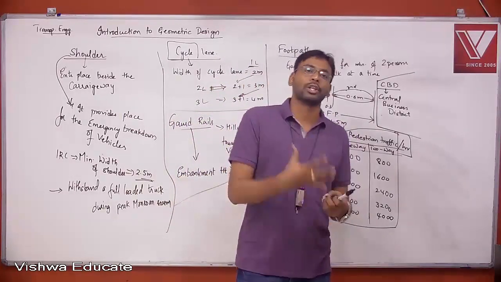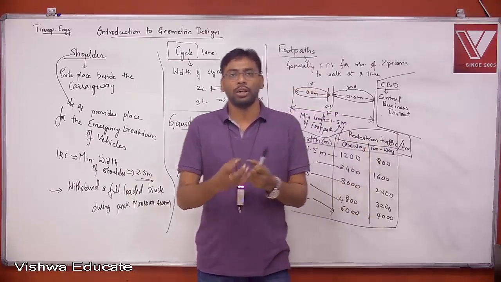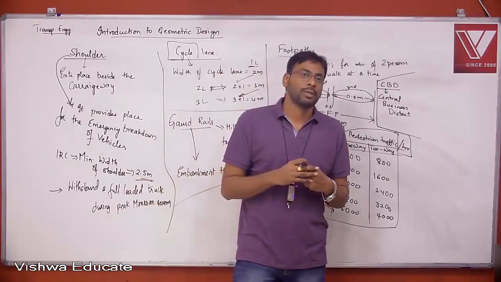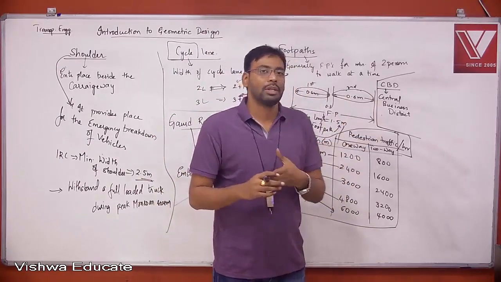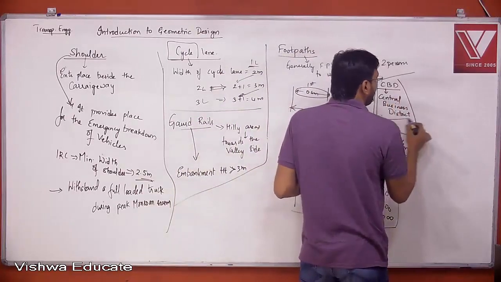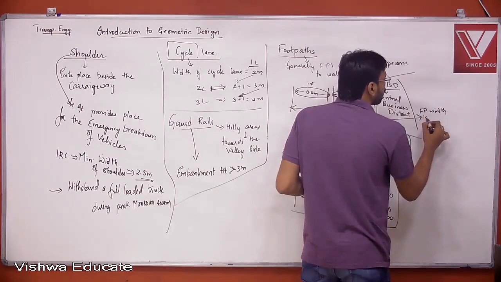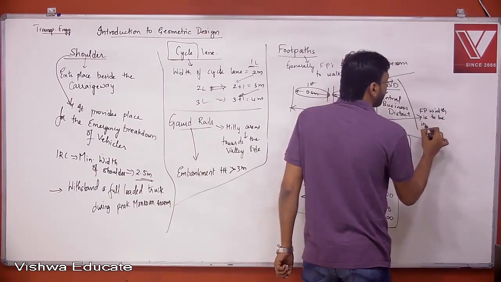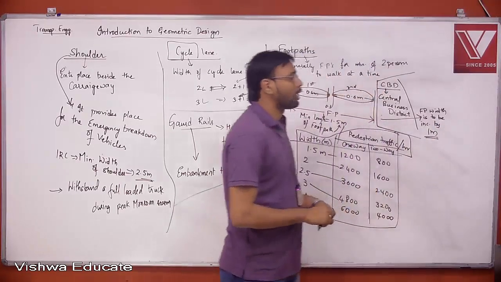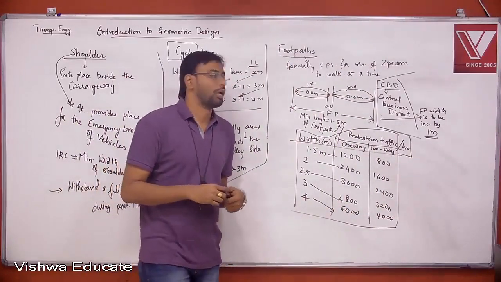For example, take a shopping area. People come to the shopping area generally by walking only, right? So those kinds of regions are called CBD areas, and in those regions, the footpath width is to be increased by 1 meter. So wherever a CBD area is there, you can increase the footpath width by 1 meter.